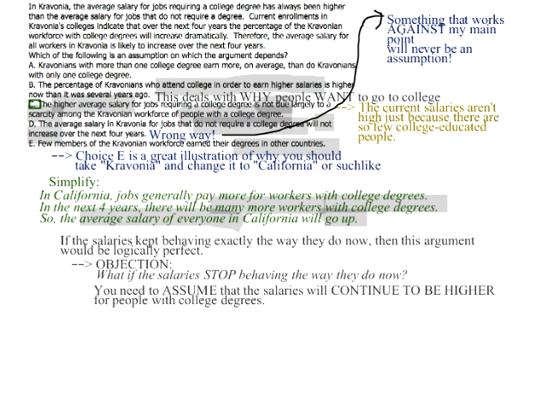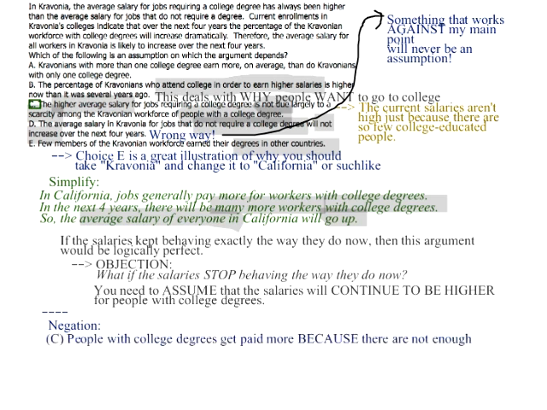Okay, if you do the negation thing, remember what's supposed to happen when you negate the answer choices. It's supposed to destroy the argument. So if you negate choice C, you get people with college degrees get paid more because there are not enough people with college degrees.